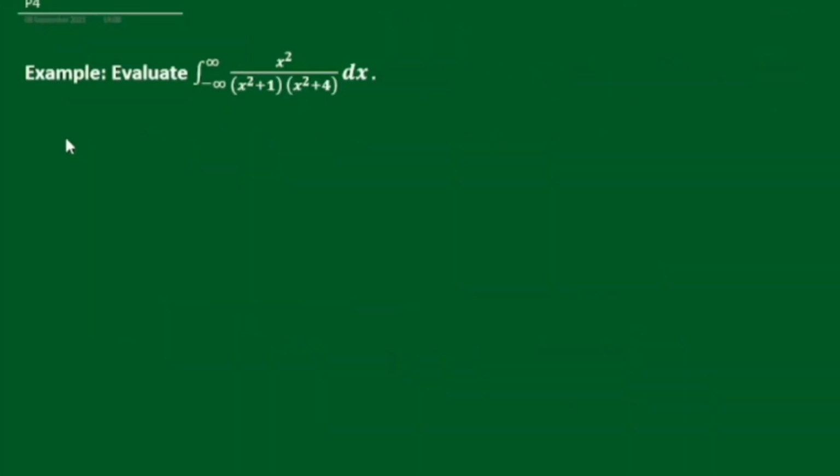Now see an example. Evaluate the integral from minus infinity to plus infinity of x squared divided by (x squared plus 1)(x squared plus 4) dx. Let's see the solution.